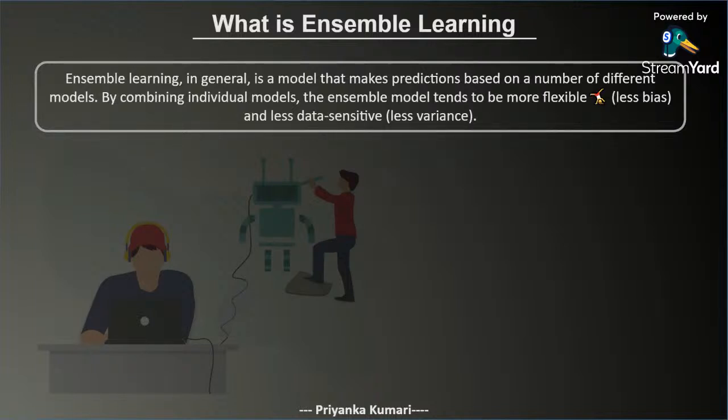By combining the individual models, the ensemble model tends to be more flexible, which means less bias. Less bias means the difference between the training data set and the testing data set will be less, and it would be less data sensitive, which means less variance.